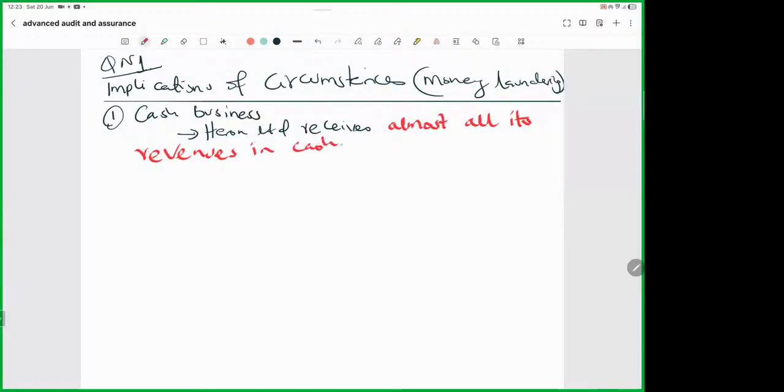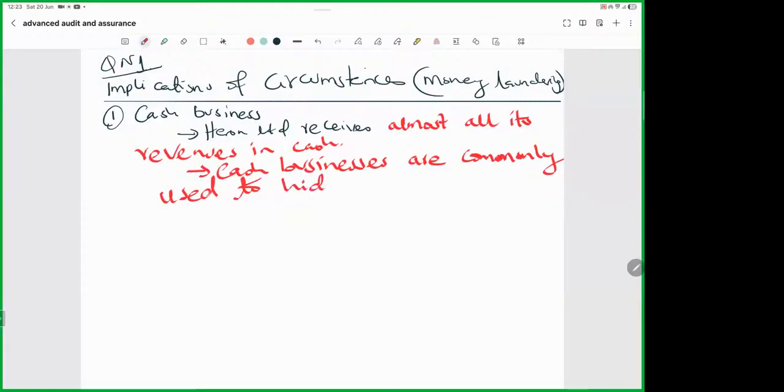Very, very important for me to know that. Then we tell the examiner that cash businesses, like in Kenya here, or all over globally, are commonly used to hide illegal money, proceeds of crime.